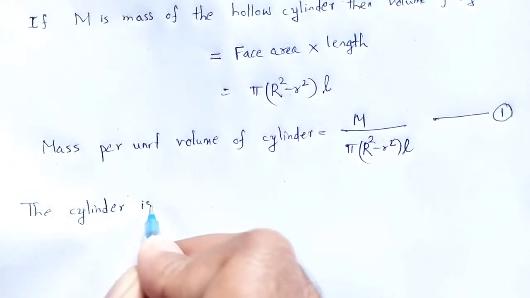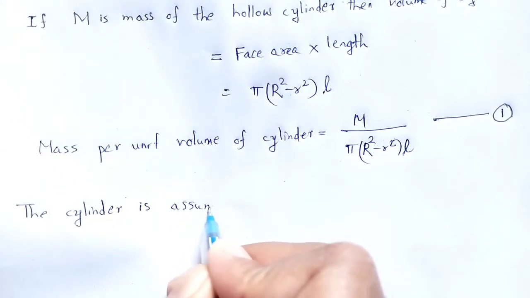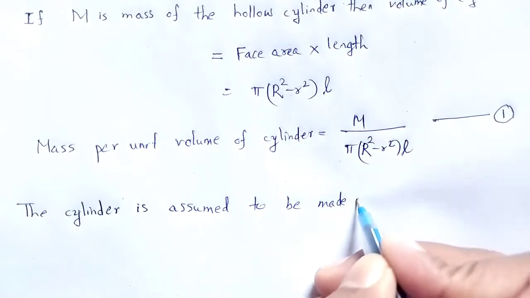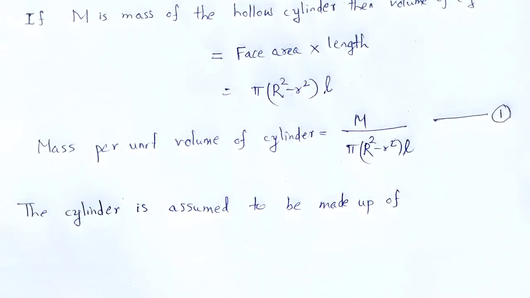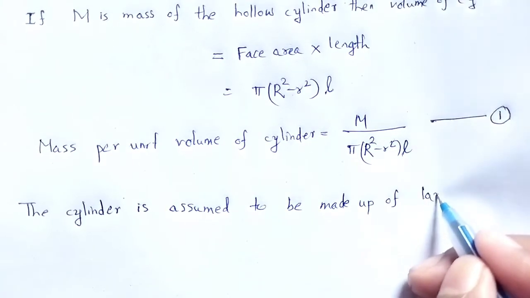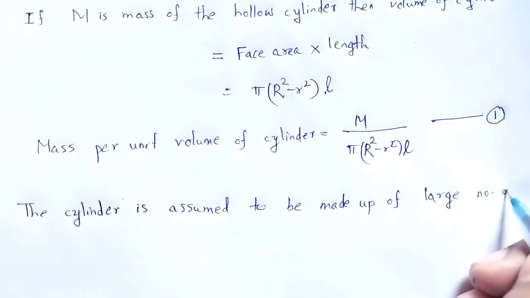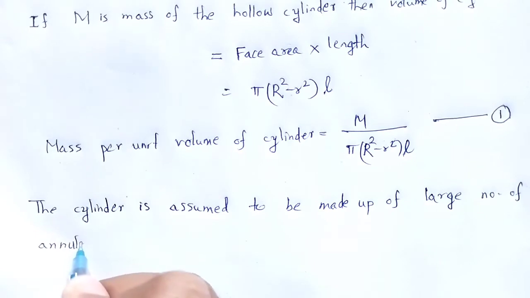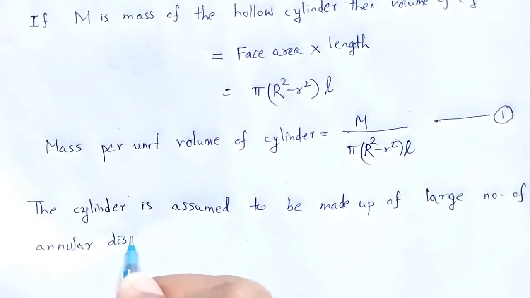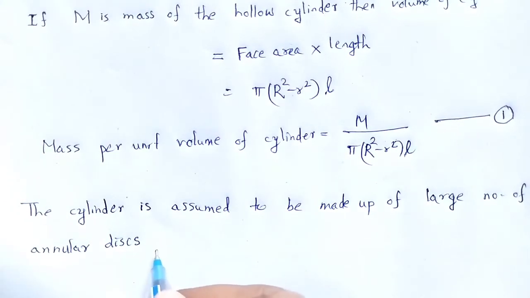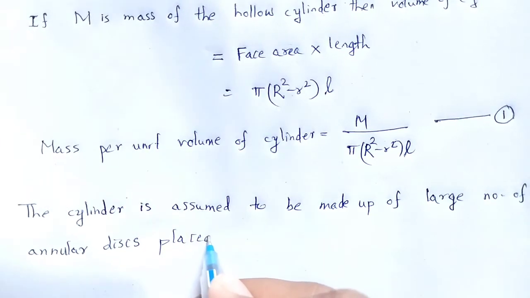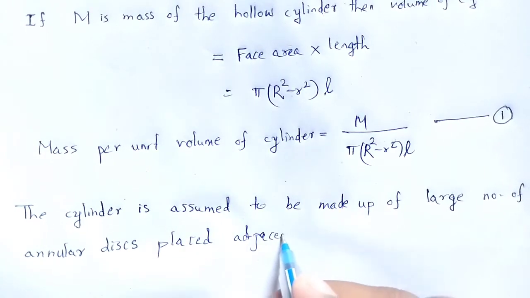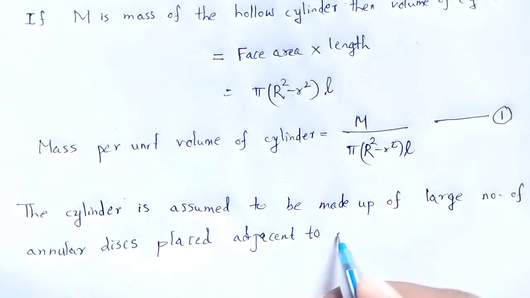We assume that the cylinder is made up of a large number of annular discs placed adjacent to each other.